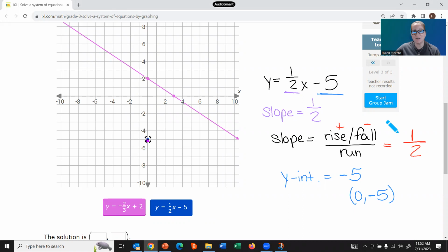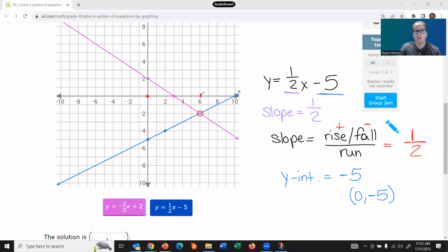Our second point is determined by the slope, so we know that we're going to be rising 1 place, running 2 places to the right. And now we can clearly see, where do these lines cross? What is the solution to my system of equations? And it's going to be right at this point right here where these 2 lines cross. So I start at 0, 0.